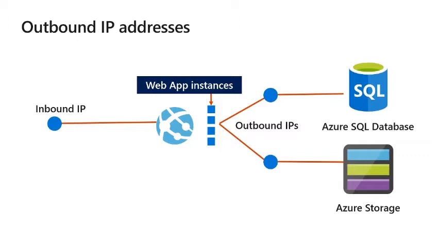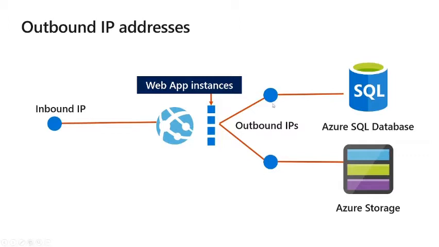And you can't know beforehand which IP address a given app service instance will use to make the outbound connection, which we already talked about. Therefore, the backend service must open its firewall to all the outbound IP addresses of your app.